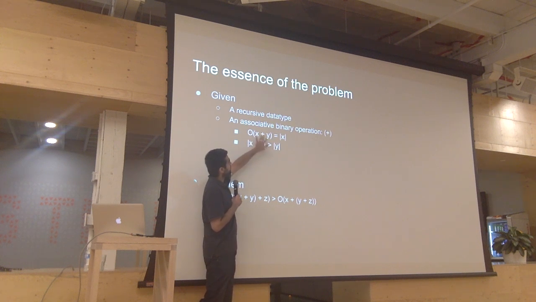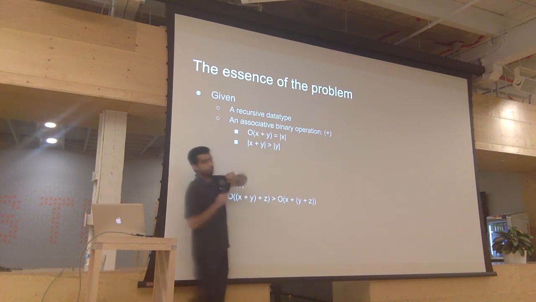They use big O as a general sense in most of these things. So it's just a notion of big O notation. The property of this associative binary operation, and in this case it is plus, is that if I had two operands, x and y, and I am performing this operation on them, the cost of this is proportional to the left one, right?